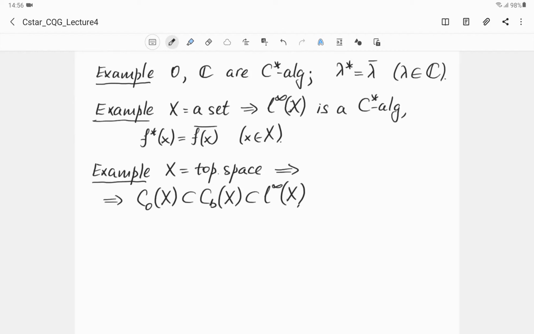So they are closed subalgebras, and moreover, they are closed star subalgebras of L infinity of X. So they are C-star algebras.